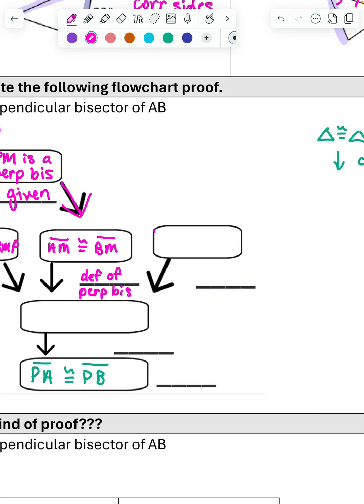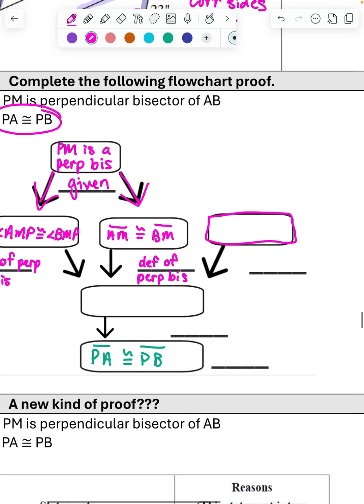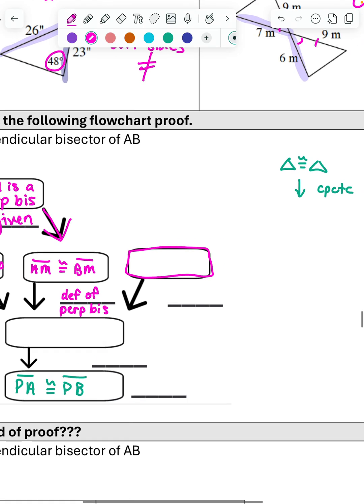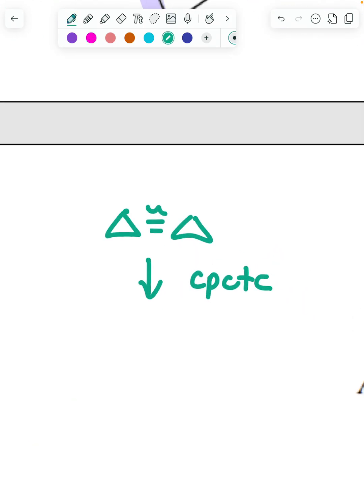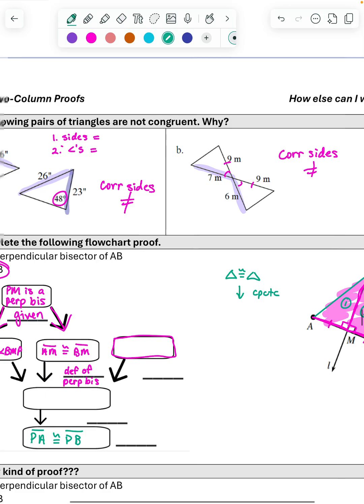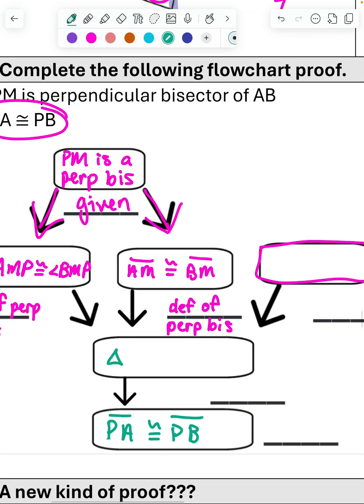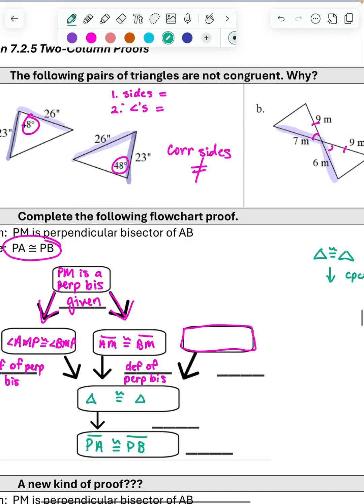All right, we have one more piece of information. And remember, I'm wanting to somehow prove that these triangles are congruent. So down here, I'm going to want to say triangle something is congruent to triangle something. And in order to say triangles are congruent, this is where one of our 5 congruency statements comes into play.